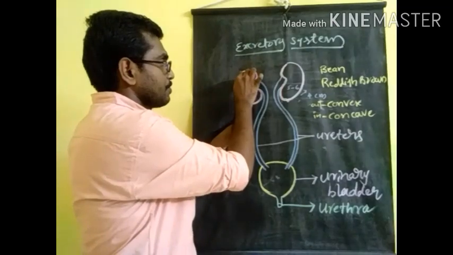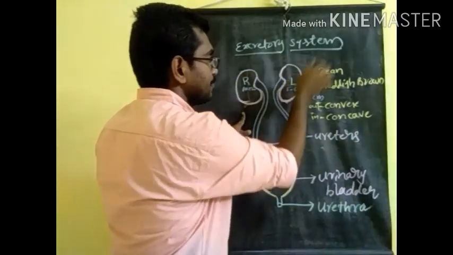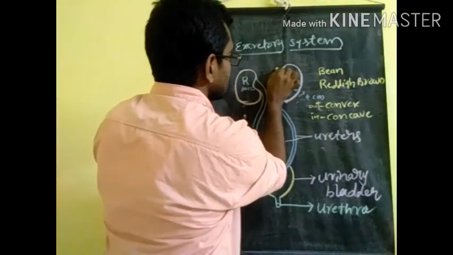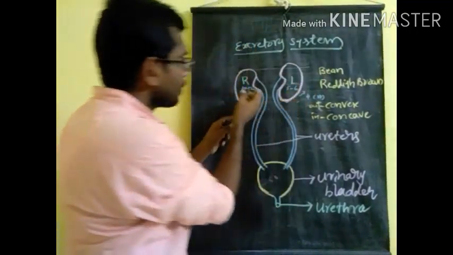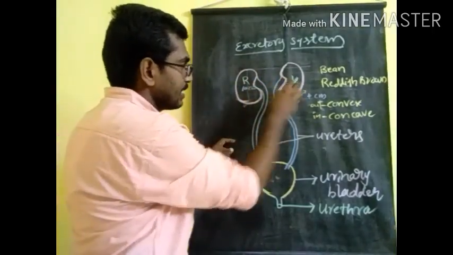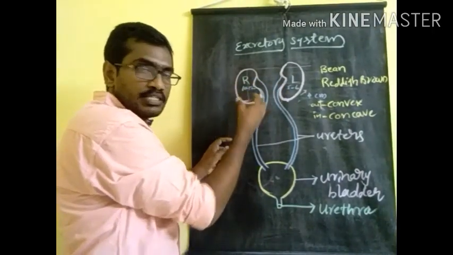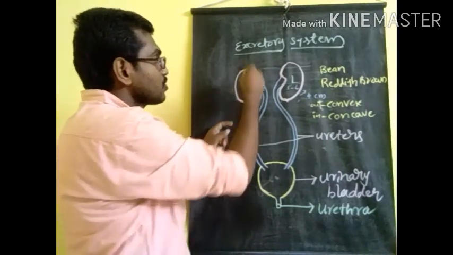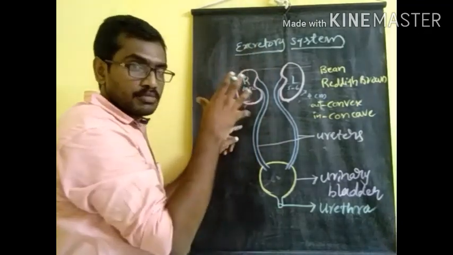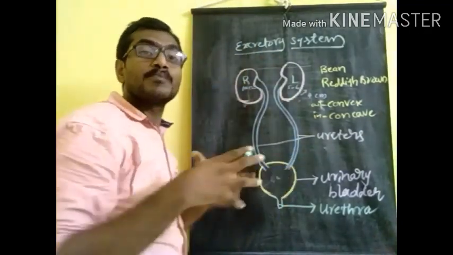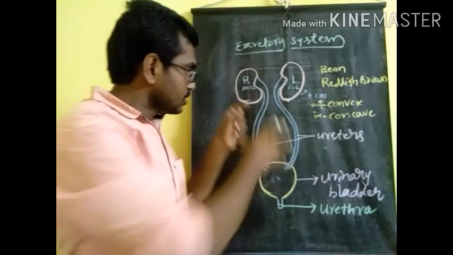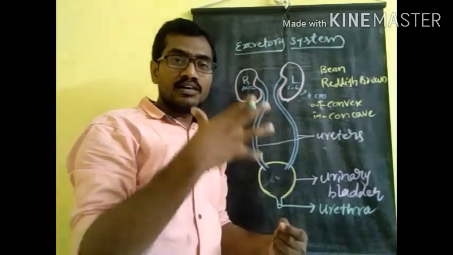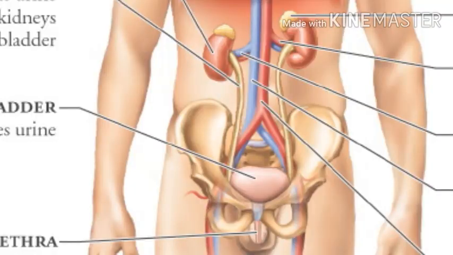This is the right kidney and this is the left kidney. If we draw a parallel line here, compared to the left kidney, the right kidney is located somewhat lower. Why? Because this total system is located in the abdominal cavity, towards the dorsal wall.